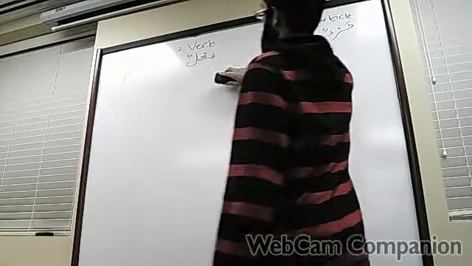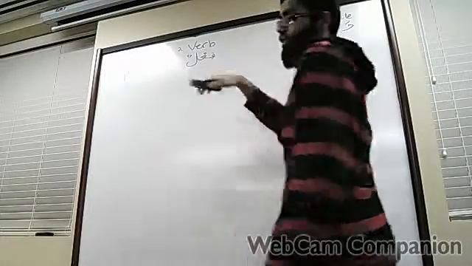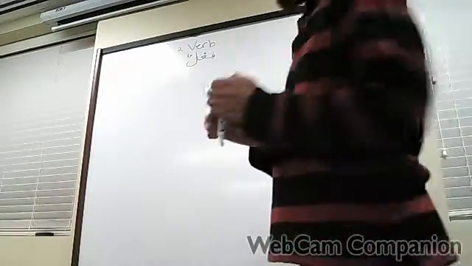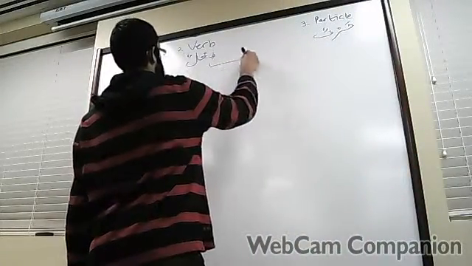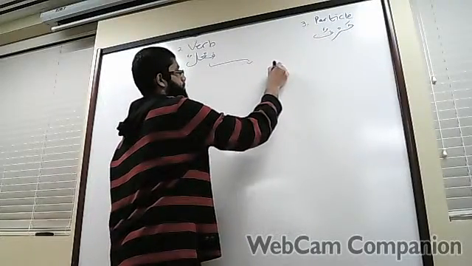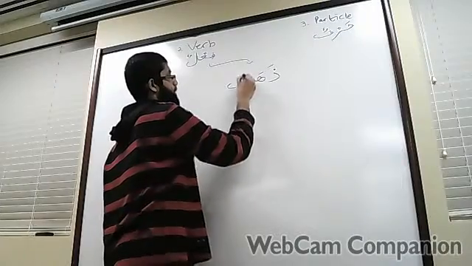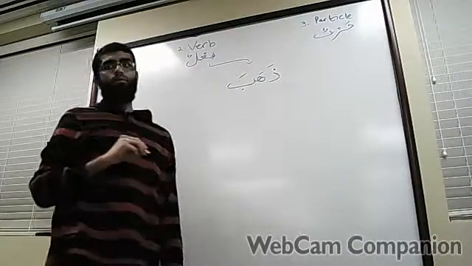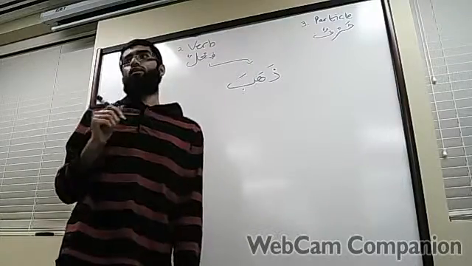Let's actually start with, so we usually start with nouns and stuff. Let's start with a verb. So the types of verbs that we've done, a few. One that we did was ذهب. What does ذهب mean? He went.